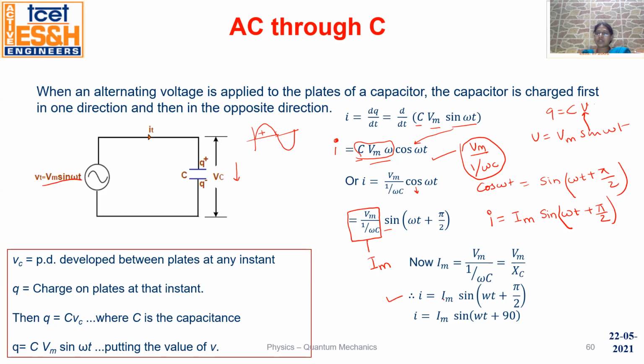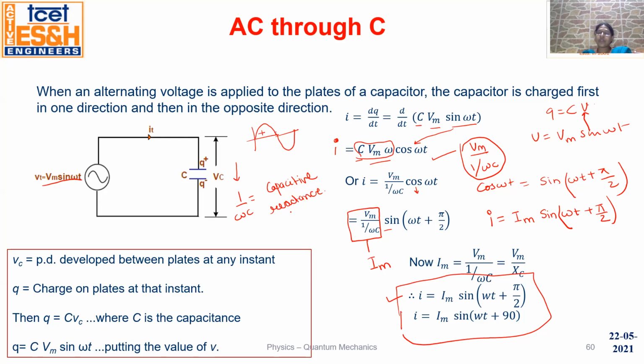So this is our equation. We also write in place of pi by 2, 90 degree. So this is the main equation. Now what is this 1 by omega c? 1 by omega c is capacitive reactance.